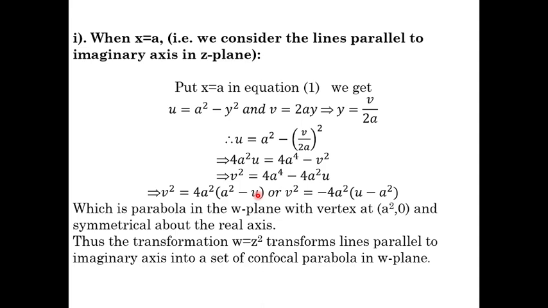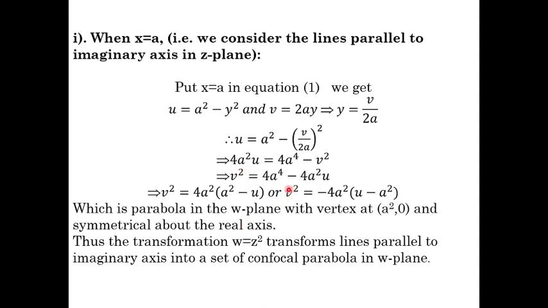So here the real axis, the u coefficient is negative, so take the negative sign outside, make this one positive, then we write v² = -4a²(u - a²). Now which plane does this represent the parabola in? u and v mean which plane? The W plane, with vertex. What are the vertex?